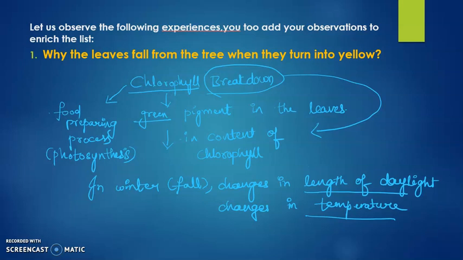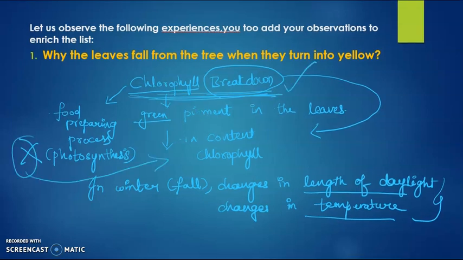So by these two changes, the plant stops its photosynthesis process, due to the difference in the temperature and the difference in the timing of sunlight. By these two reasons, plants stop photosynthesis.